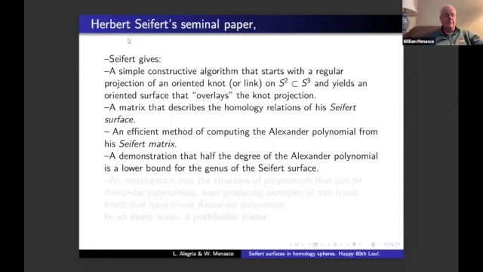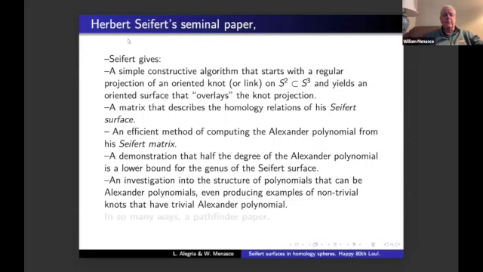And then he did a bunch of other things in the paper. He demonstrated that half the degree of the Alexander polynomial was a lower bound for the genus of the Seifert surface. A really nice piece of geometric algebraic topology. He does further investigation about the structure of the polynomials coming out of the Alexander polynomial, and in fact, he gave examples of non-trivial knots that have trivial Alexander polynomials.